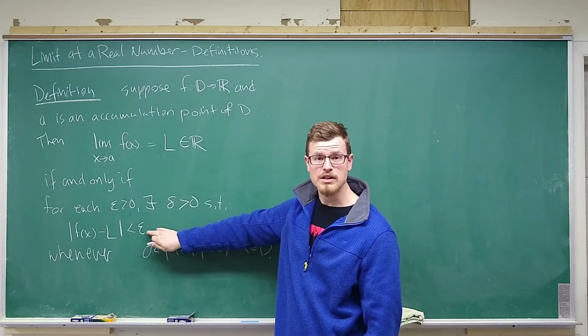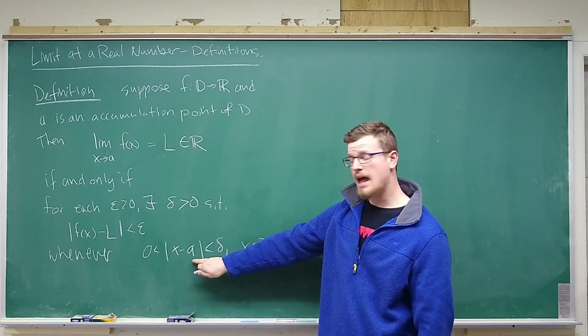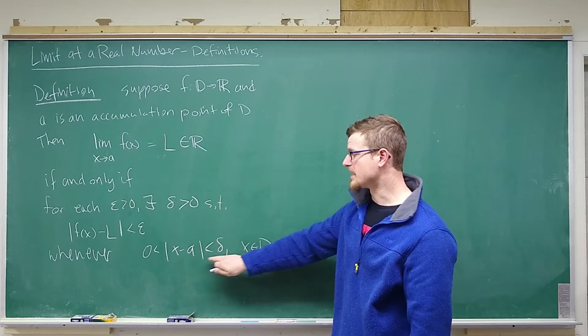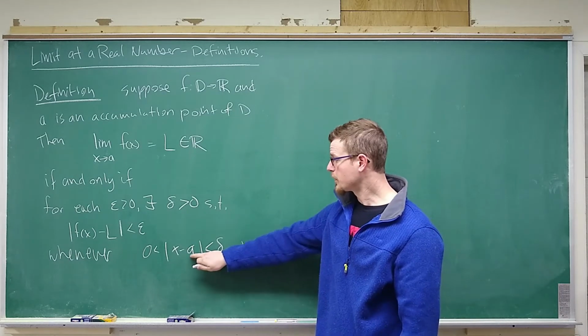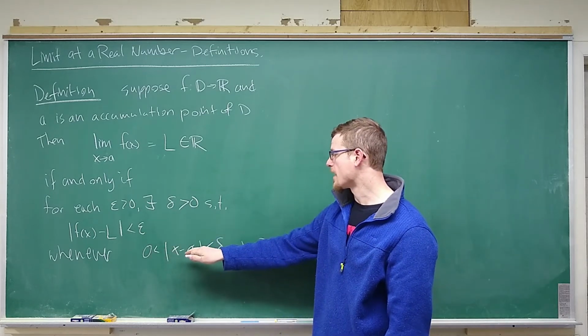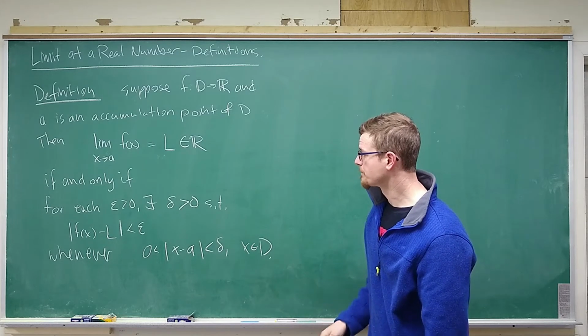We're within epsilon of L whenever our values x are within delta of A. So when we're really close to A, then we're going to be really close to L. That's what this is trying to say. Of course, we need our values x to be in the domain of the function.